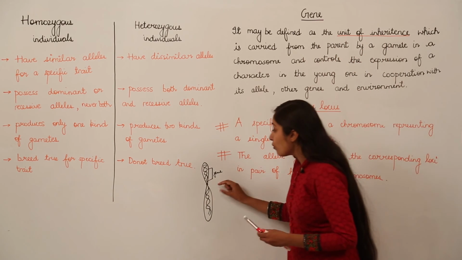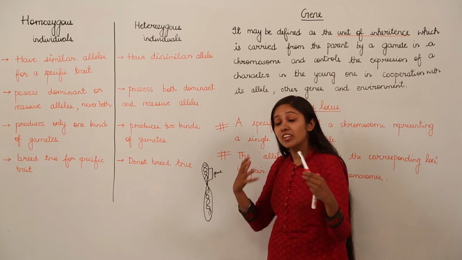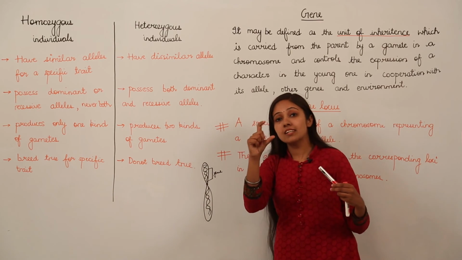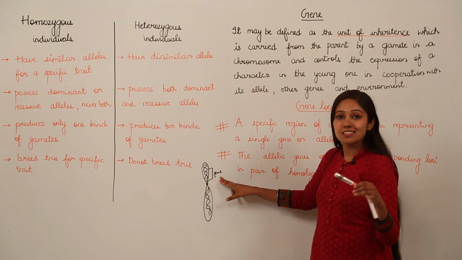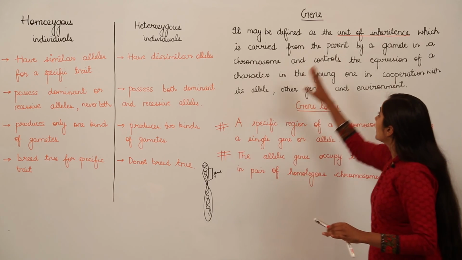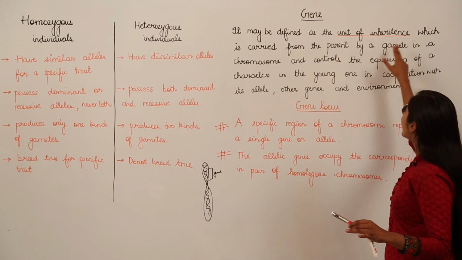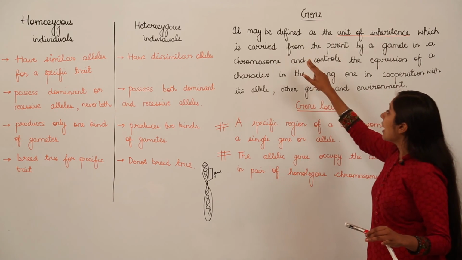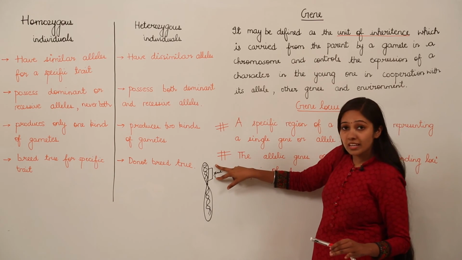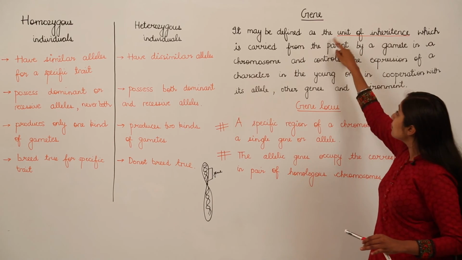In the chromosome, we have DNA, and then a particular DNA segment that is known as a gene. So, these genes are the units of inheritance which is carried from the parent by a gamete in the chromosome.